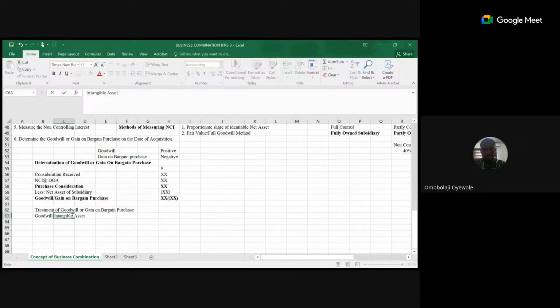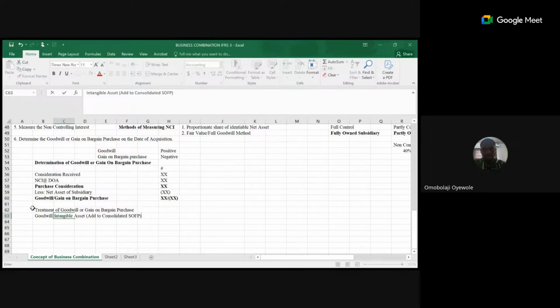So goodwill is an intangible asset. So how do you treat goodwill? You add goodwill to consolidated PPE in your statement of financial position. No, sorry, to consolidated statement of financial position. You get? Yeah. Add goodwill to consolidated statement of financial position.